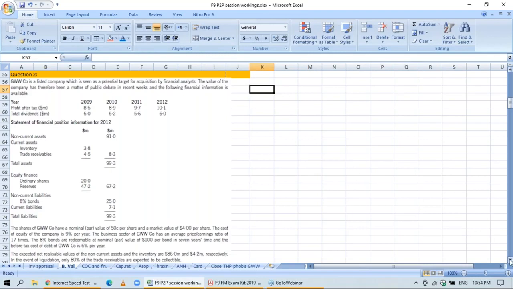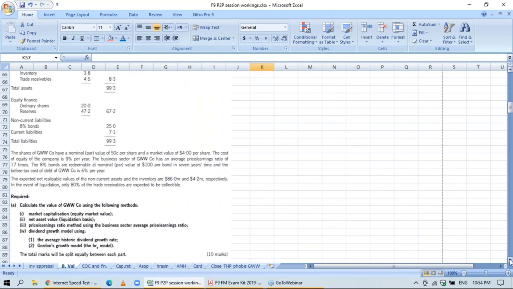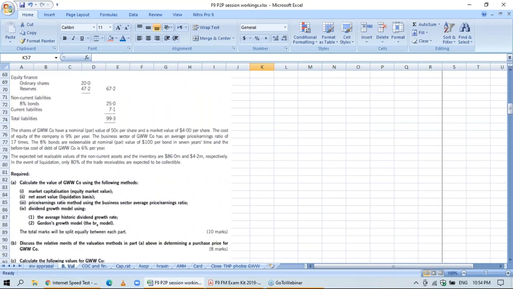Now let me first read the requirements of this question. What does this ask for? Now this is an important question. It asks for market capitalization. What is market capitalization? Market capitalization is the market price of the share of a company multiplied by the number of shares issued by the company. So market capitalization means the value of the whole company.